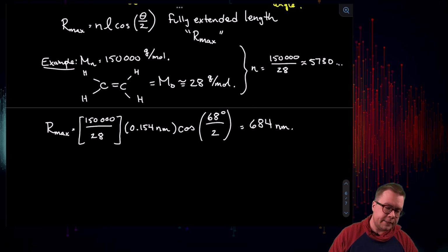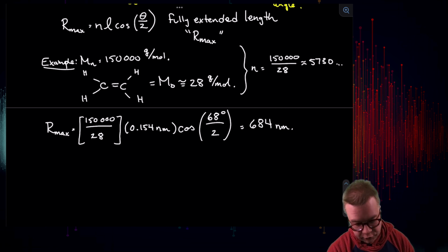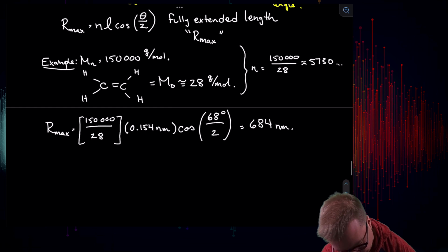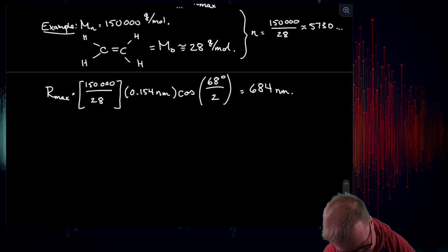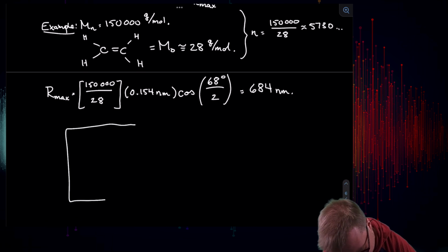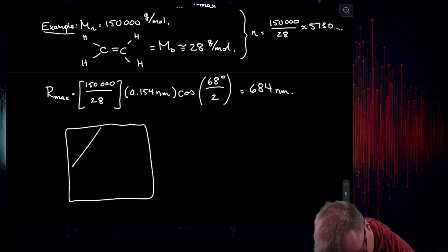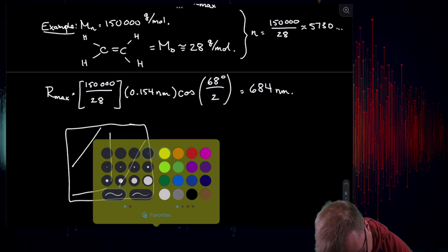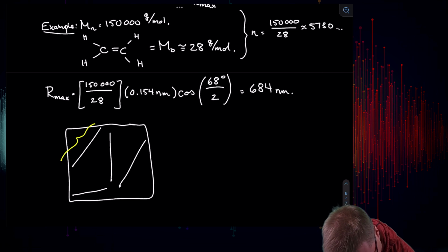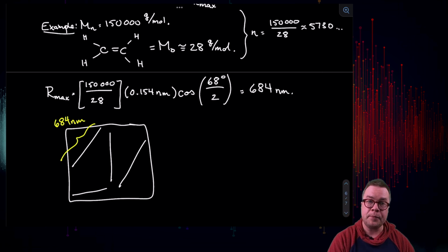And the problem is, if we look, we don't see this. So for example, let's say that I put these on a surface. All right, so if this was the shape of the molecule, let's say that I put all of these molecules down on a surface like this, and they're these big, rigid things, and each one of these will have a length of 684 nanometers. And let's say I take an AFM tip.